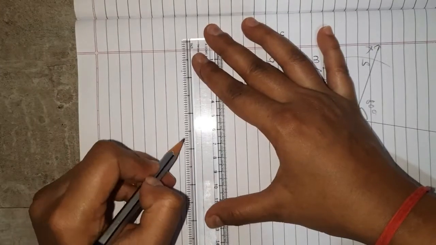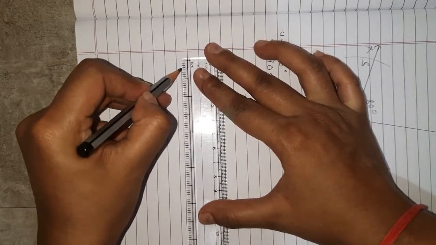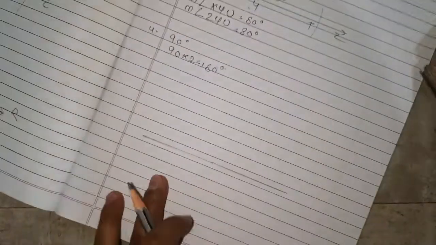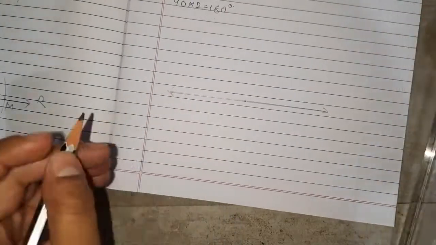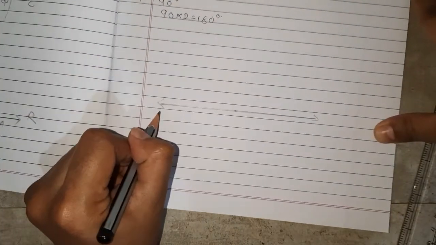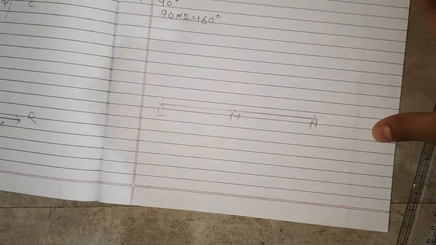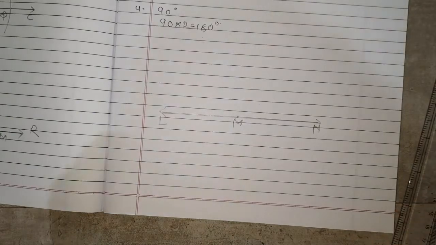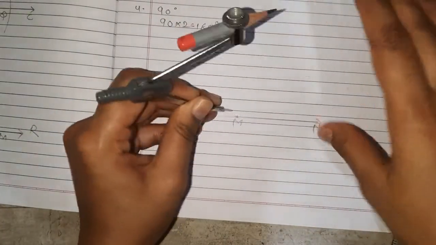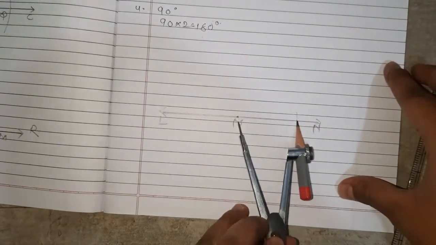So this is the angle of 180 degrees. Let us name it as angle LMN. Now let us bisect it, taking a distance of more than half, like this.